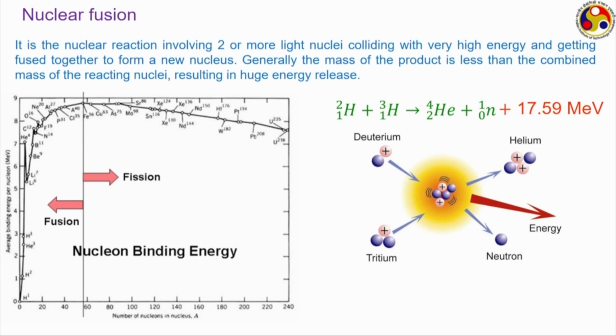Now, you may think about what is the big deal, like fission of one uranium gives us about 200 MeV of energy, or slightly higher than 200 MeV of energy, and here we are talking about only something like 17.6. But just combine this particular energy yield with the corresponding mass of the reactant.